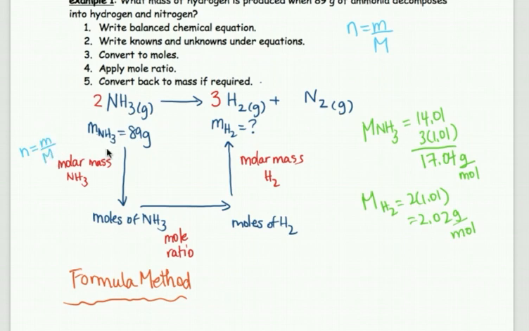Okay, so you're going to use the mass of ammonia, divide by the molar mass to get the moles of ammonia here. Okay, and then from here, the next step is the mole ratio step. We're going to look at the mole ratio of ammonia to hydrogen, okay, and that's what we'll do in this step. And then in the last step here, we need to go from moles to mass. So we have to get the mass.